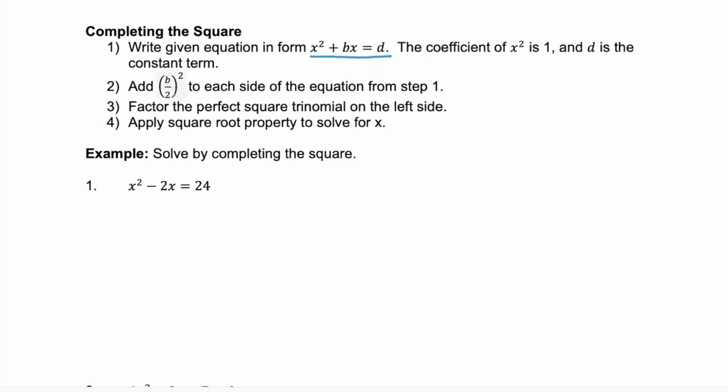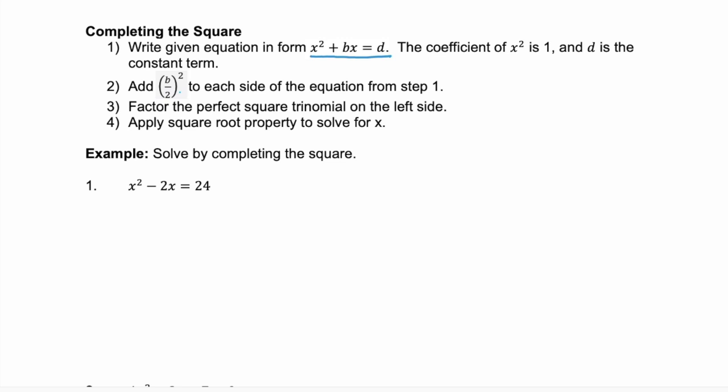Then we're going to add b over 2 squared to both sides of the equation. And in step 3, we're going to factor the perfect square trinomial on the left-hand side. Because when we complete the square, adding this b over 2 squared to the left-hand side creates a perfect square trinomial.